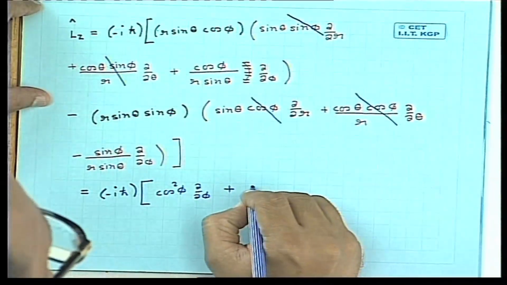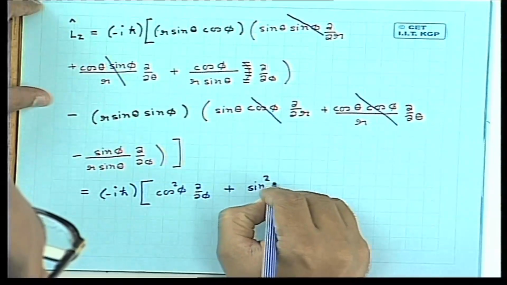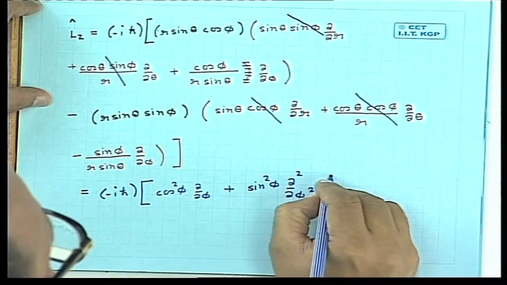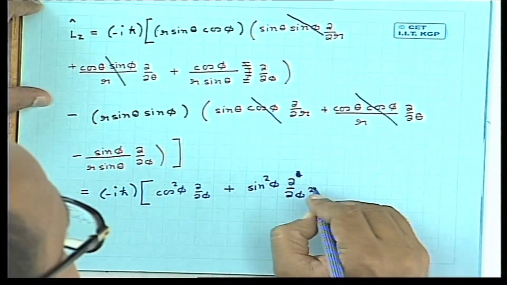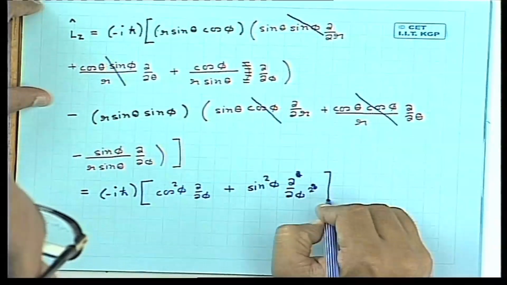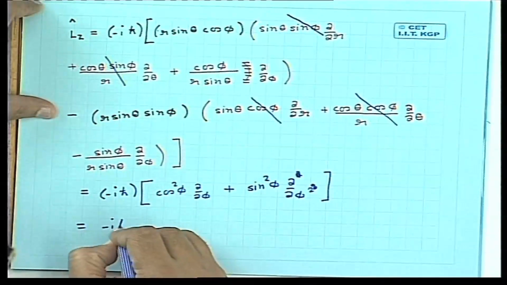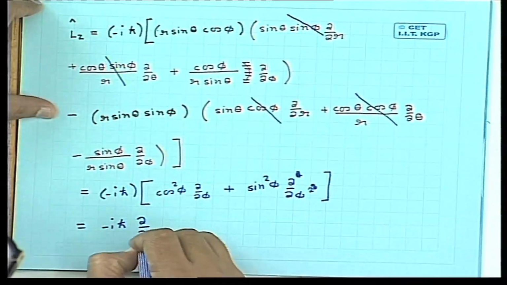So, we have sin² φ, this is a single derivative. So, finally, what we have is minus i ħ ∂/∂φ.